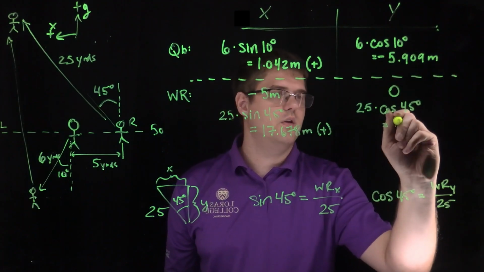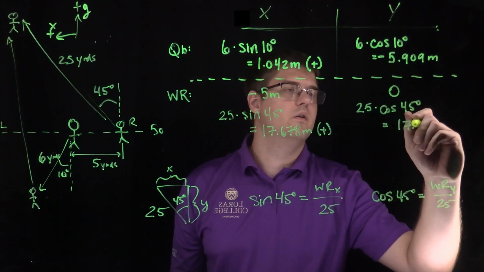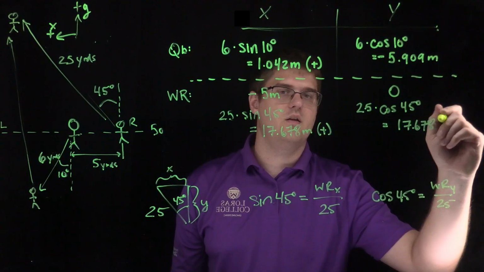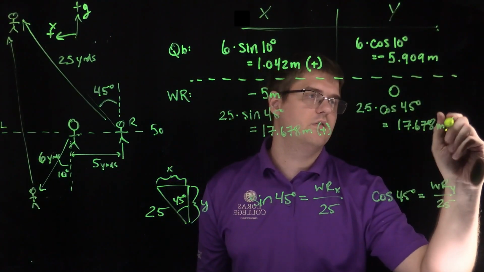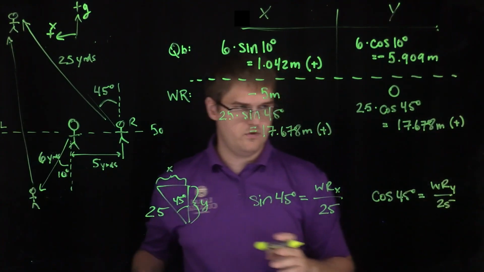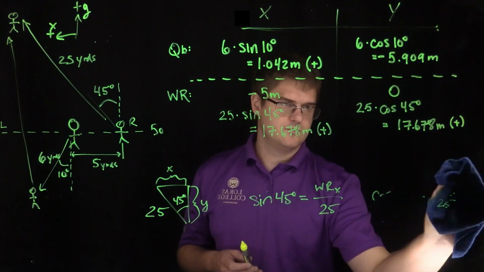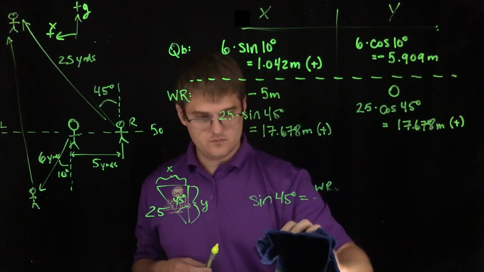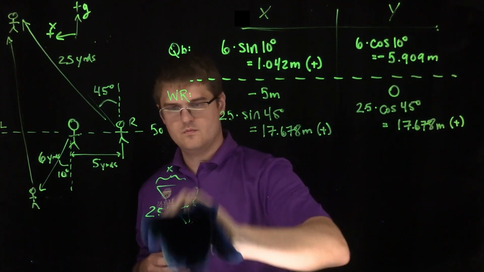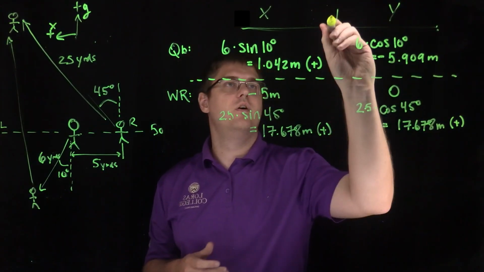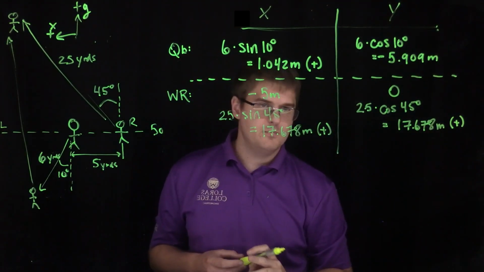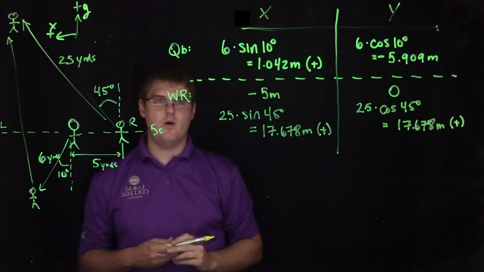And that is going to, again, be 17.678 meters. And again, we're going downfield, so this is positive. We have split down everything that we know, everything that they've done.